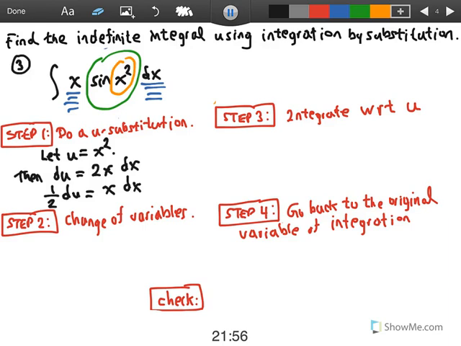So now we use our u substitution to do our change of variables step. We can replace x dx with 1/2 du, and we can replace sine of x squared with sine of u. We can factor out 1/2.